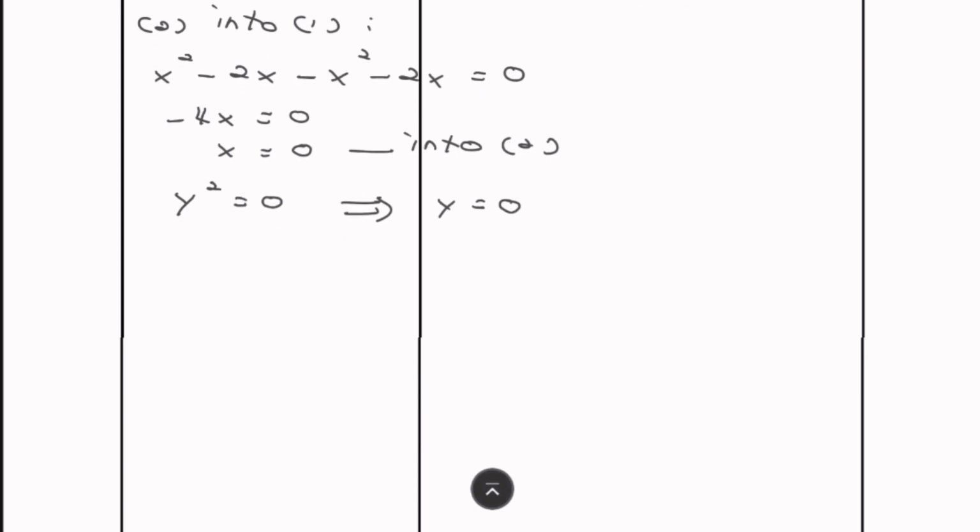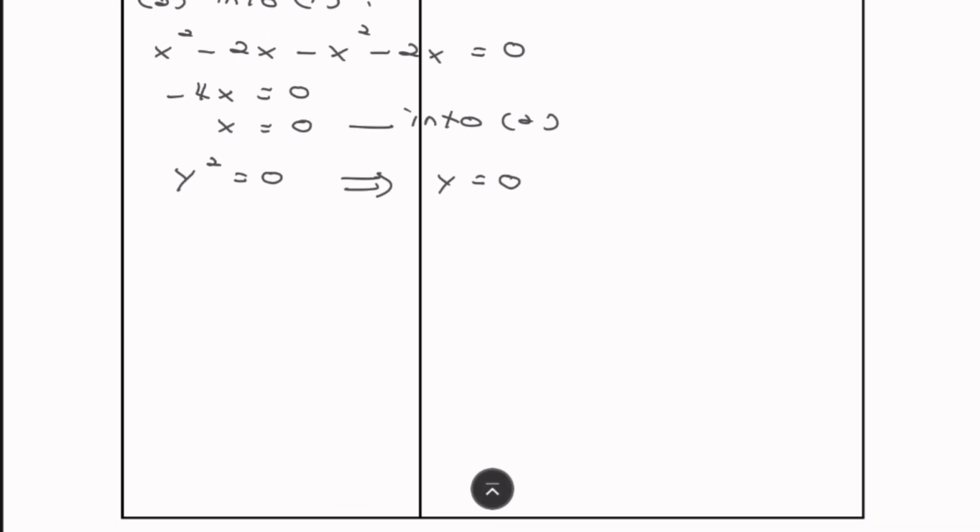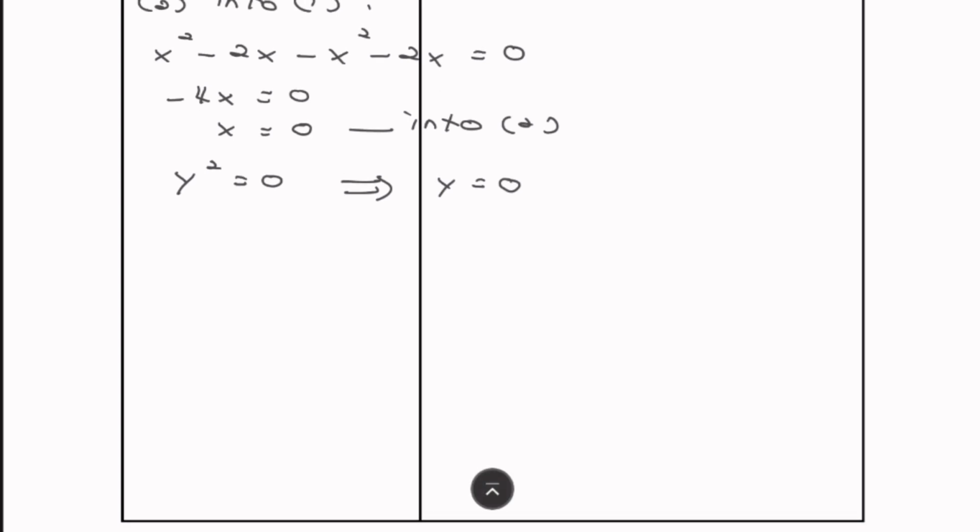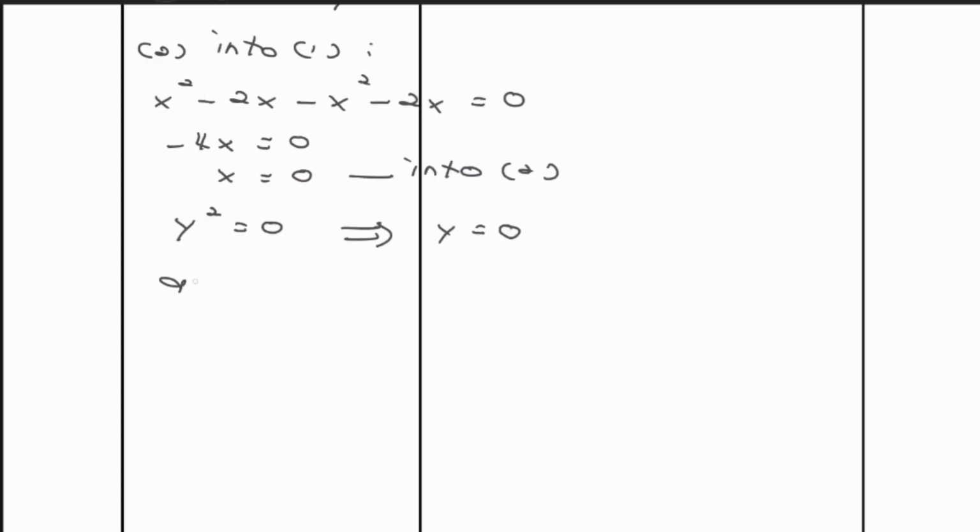To determine what type of intersection these circles have, let's calculate the discriminant based on y squared equals 0. Based on y squared equals 0, we have a equals 1, b equals 0, and c equals 0.